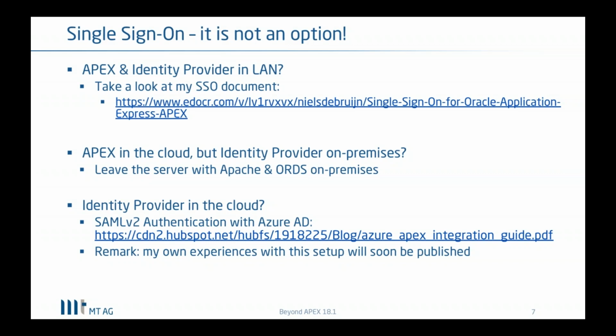Since I've made my own experience with it, I will create my own document as well, and that will soon be published. It works quite nicely: you call your Apex application and then you're switched to Azure Active Directory. You put in your credentials there, username and password, and then you're redirected back to your Apex application where you can start working.